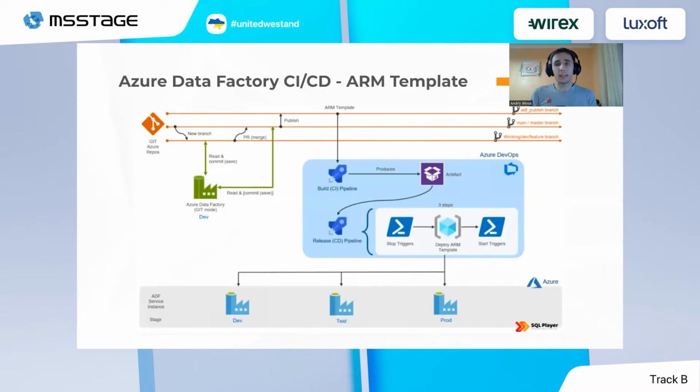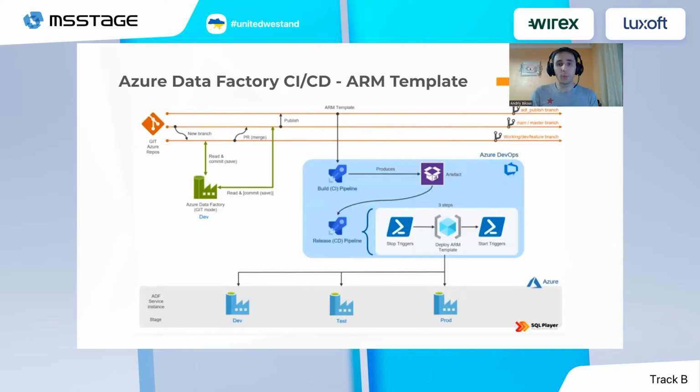First approach is, you can see in the slide, this is the approach from Microsoft. So we have Azure DataFactory, and all the development is done in this Azure DataFactory UI. Then, when the developer has created his pipelines, he makes a commit, and Azure DataFactory automatically makes a commit into the main branch, into the master branch. And after that, we have our code in the master branch.